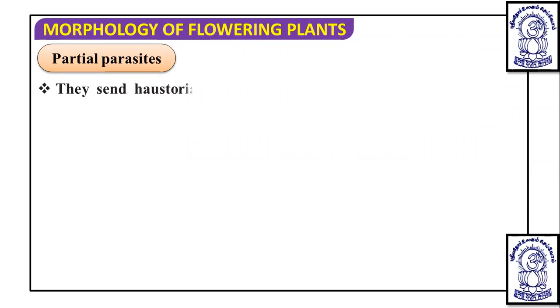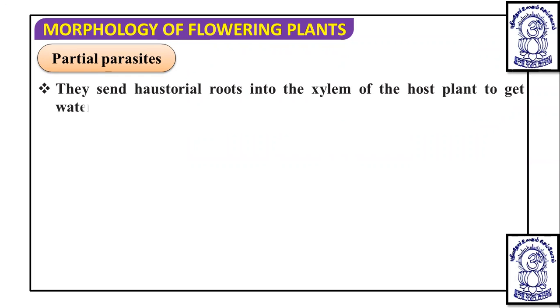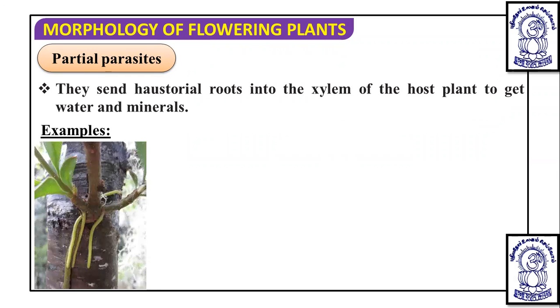So if they are partial parasites, they send a haustorial root or a parasitic root or a sucking root into the xylem of the host plant and get water and minerals. The example of such a partial or incomplete parasite is Viscum. And this is an incomplete stem parasite.